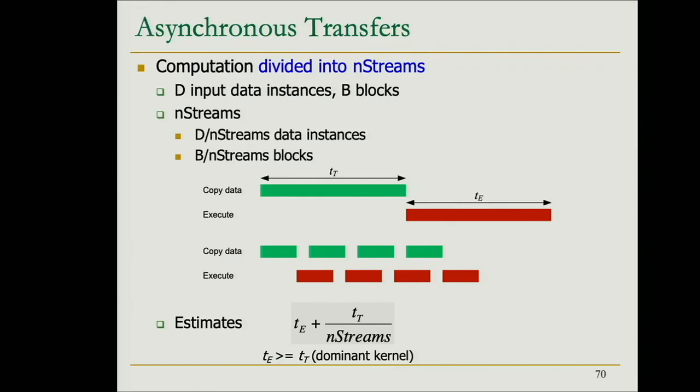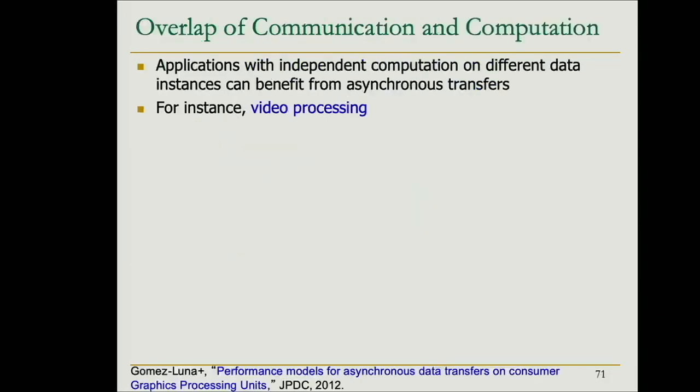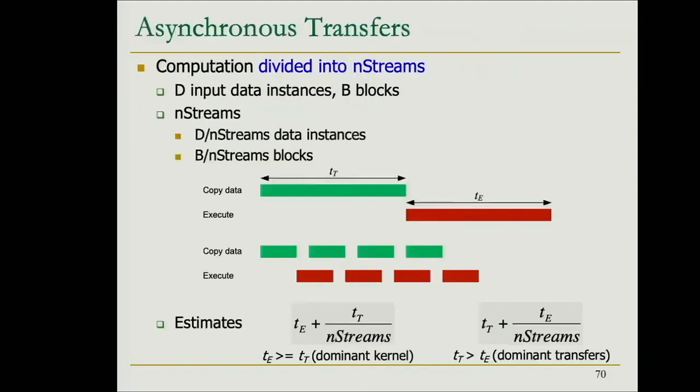So the only thing that I will see here is this, T_T over n streams, this piece here. And then what I see next is this T_E, right? And this is the other way around in case the transfers are dominant. I guess that you get the point. Obviously, from dividing the computation into multiple streams, there is a little overhead of managing this, but in principle, it's really worth trying.